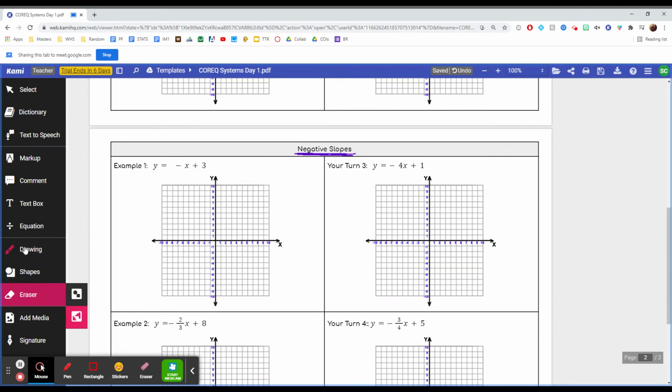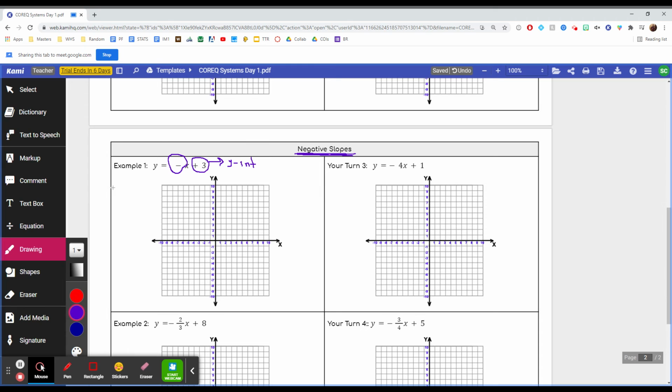So let's go ahead and get started by identifying our y-intercept. The y-intercept seems to be positive 3. So positive 3 is my y-intercept. And then my slope is the number next to x. And in this case, there's nothing next to x. There's only a negative.